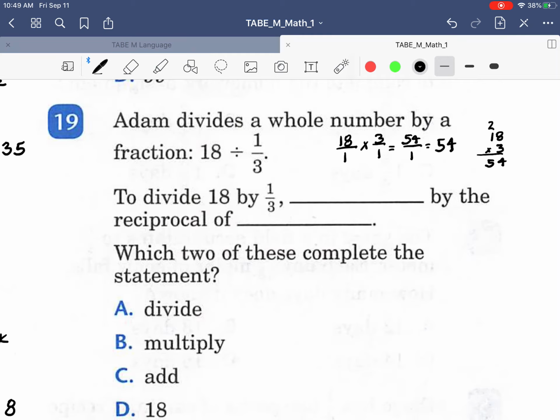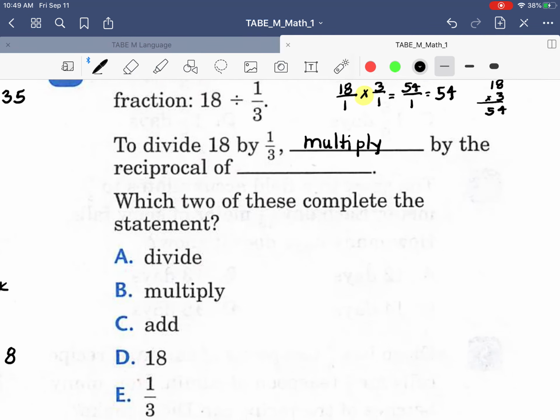To divide 18 by 1/3, blank by reciprocal of blank. Well, what did we do here? We multiplied by the reciprocal. Reciprocal is where you flip the fraction over. Multiply by the reciprocal of what? What did we flip over?